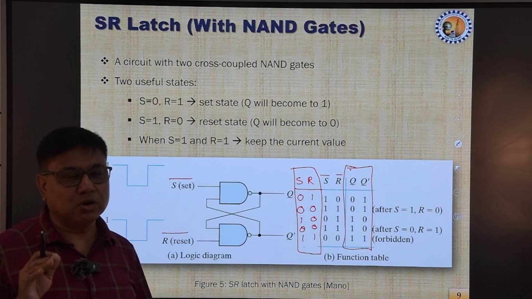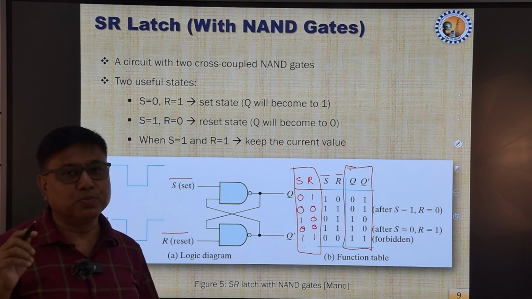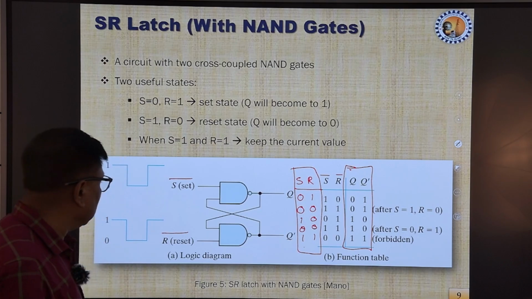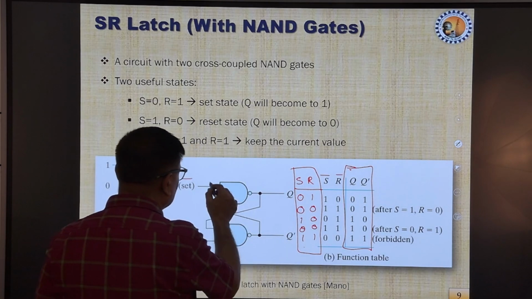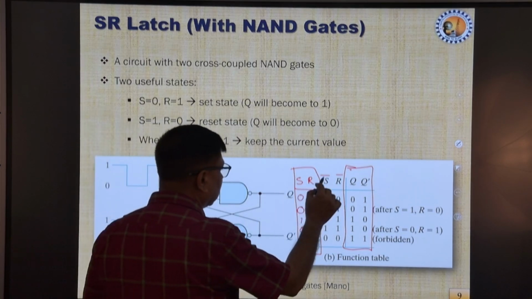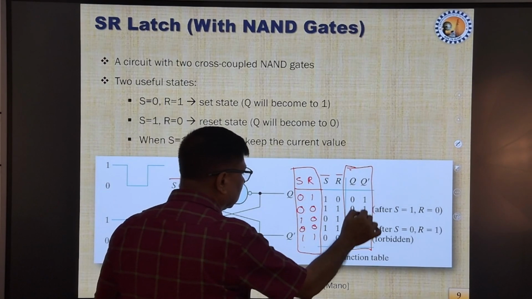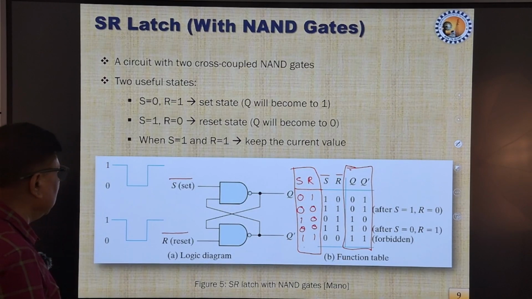NAND gate output is 1 when any of the inputs is 0, and its output is 0 when all the inputs are 1. So with this property in mind, if we apply different conditions at the input, we will find that the NAND gate latch is exactly following this function table. So it is quite simple, which is why I am not going into further details.